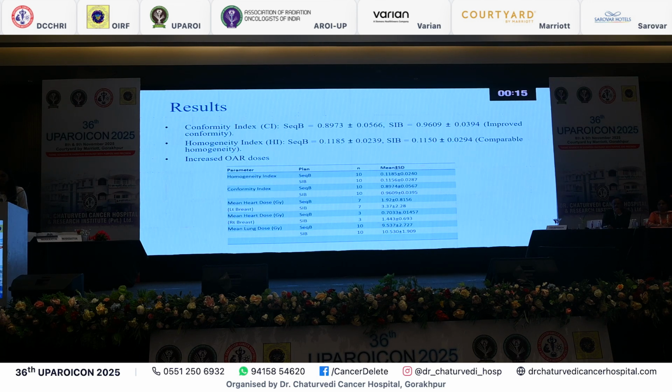The result that we found is that the conformity index for the SIB plan was way better than the sequential boost. We got a comparable homogeneity index for the sequential boost and SIB. But the problem was that the OAR dose was more in SIB compared to the sequential.